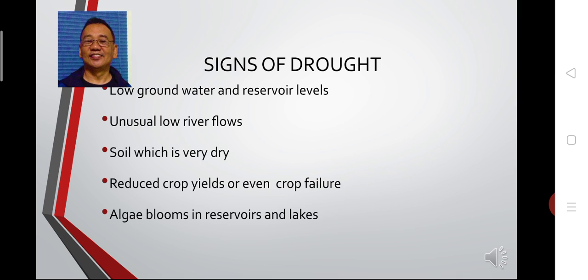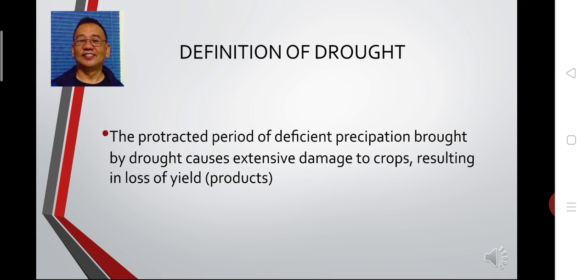Soil which is very dry, ito usually na nakikita natin na nagkakaroon ng crack, no. At yung mga crops, yung mga pananim doon ay nagkakamatayan and hindi na nagbubunga. Algae blooms in reservoir and lakes. Okay, what is this?